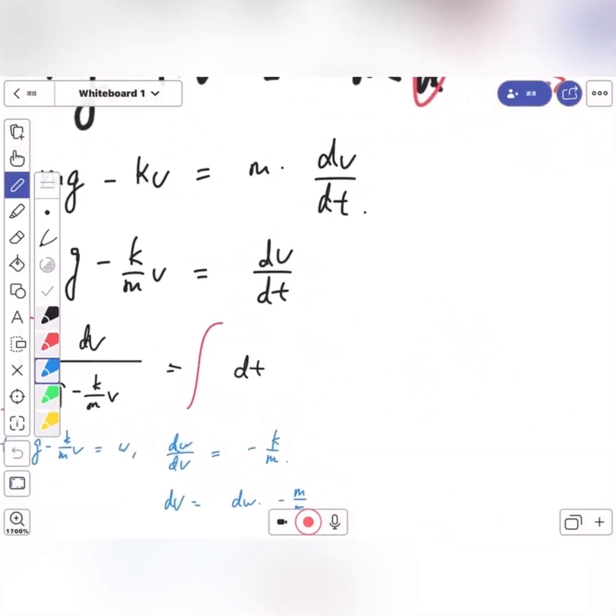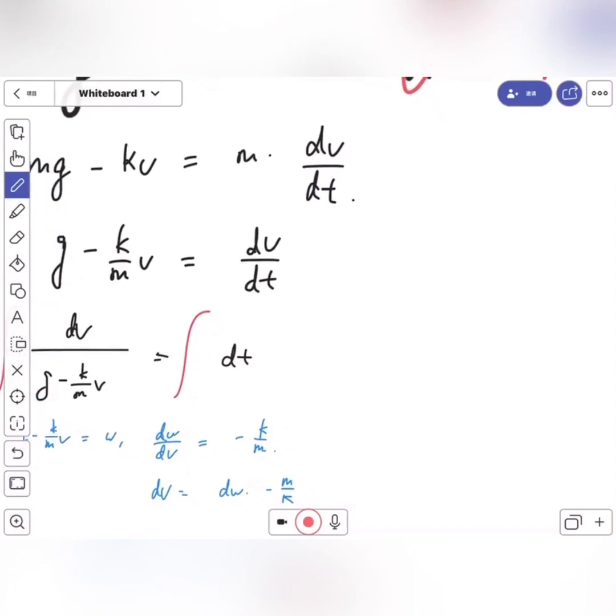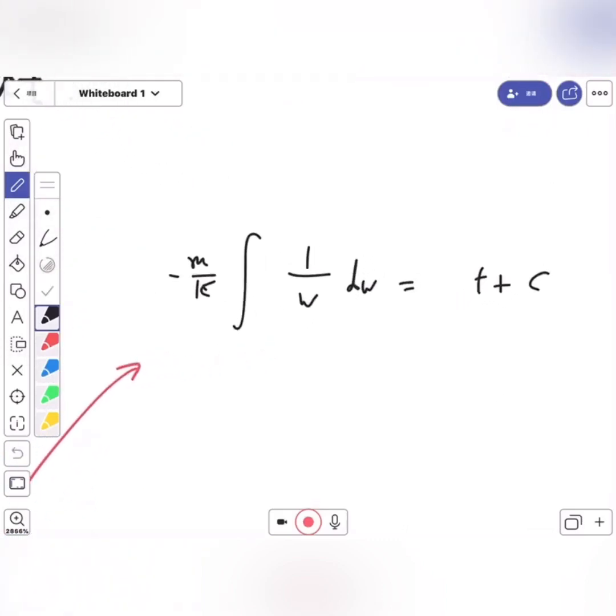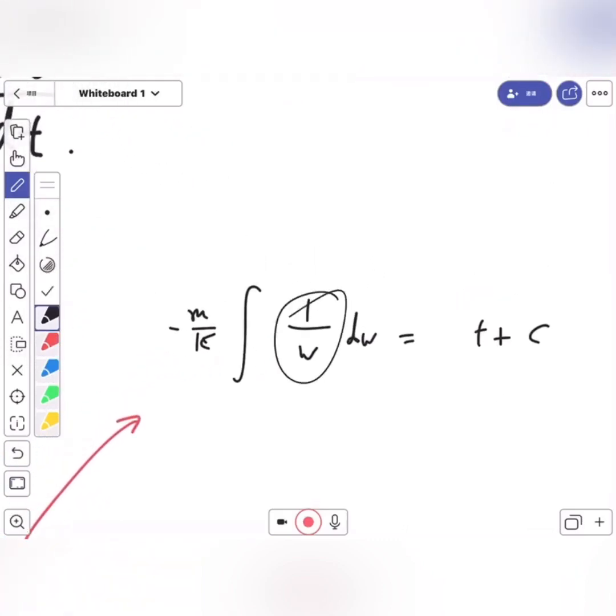Substituting back in, we actually have negative m over k times the integral of 1 over w dw, which is equal to the integral of dt, or t plus c. Don't forget the plus c. The left side is just ln w.